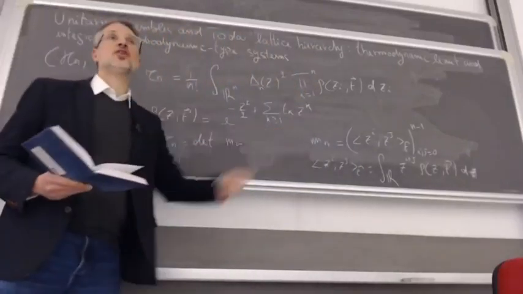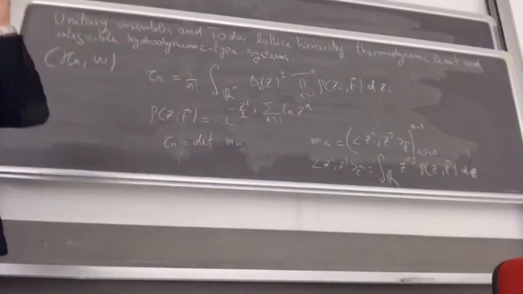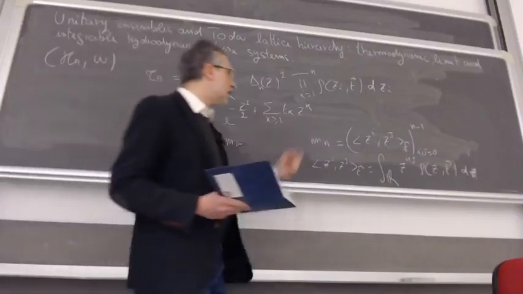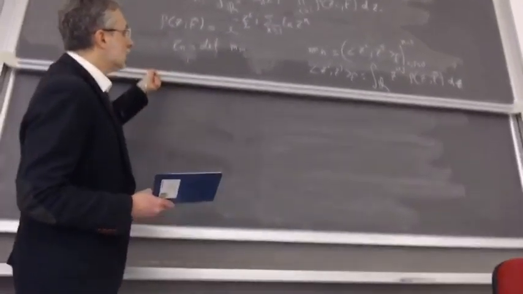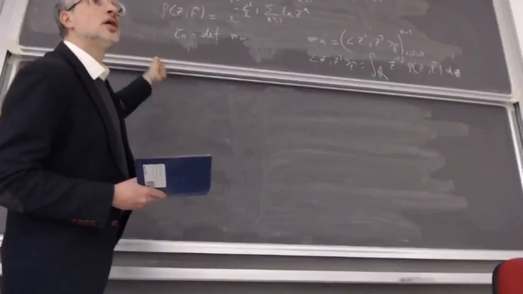M infinity is the semi-infinite extension of this matrix, and we said that M_n is a symmetric Hankel matrix.